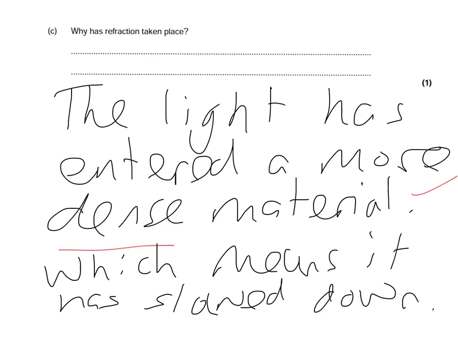That's why it actually changes direction. Again, if you've said slowed down, that would also get you the mark, or the idea that it's changing speed. You could also get the mark for saying that it's gone from air to glass, believe it or not. Remember, the question is only out of 1, and then we'll move on to the next part.